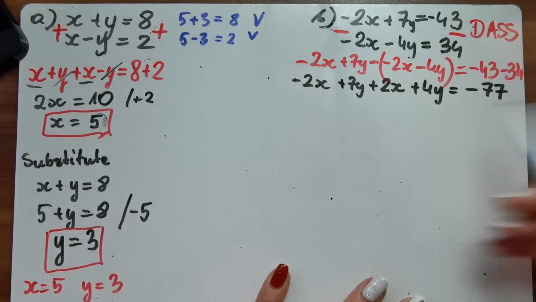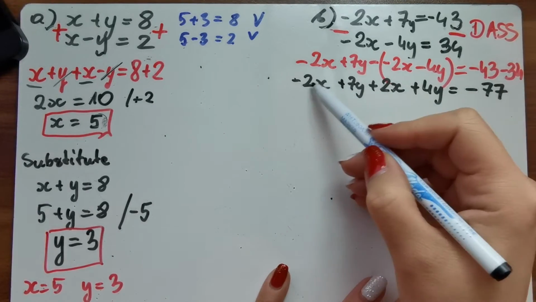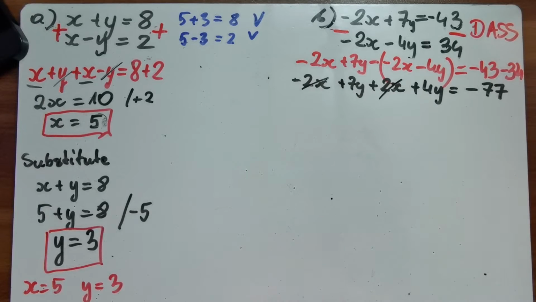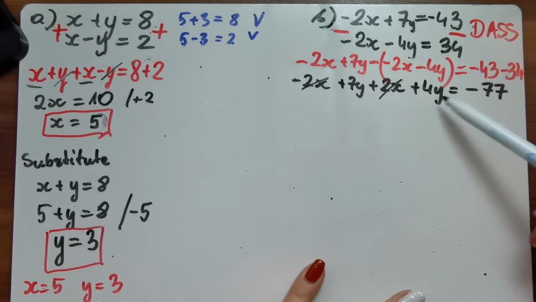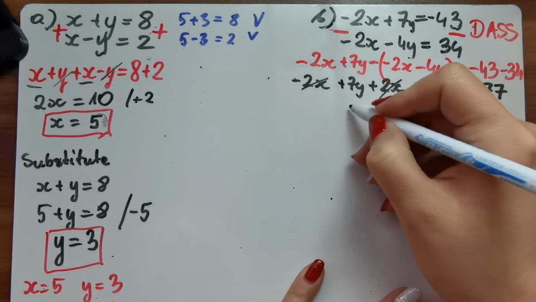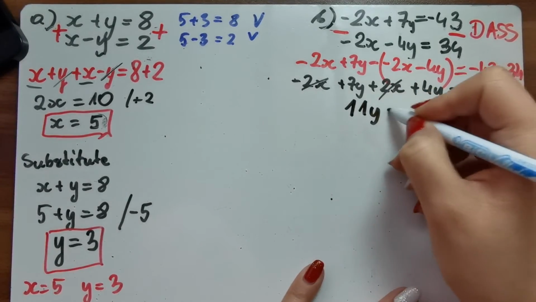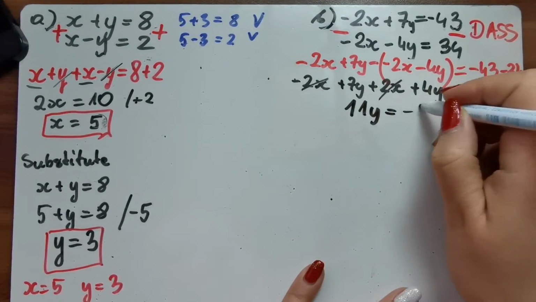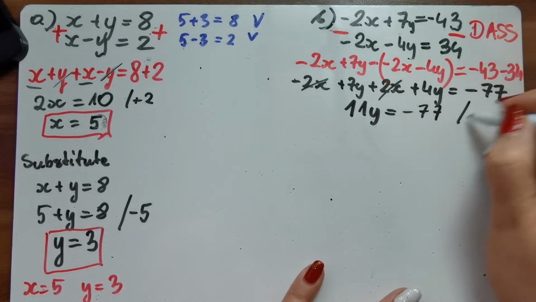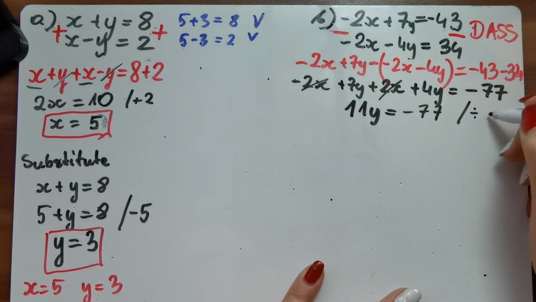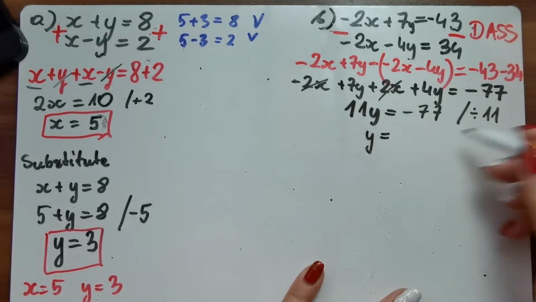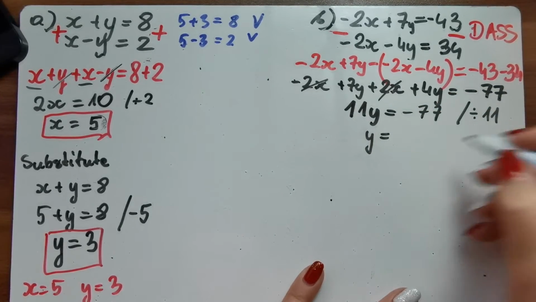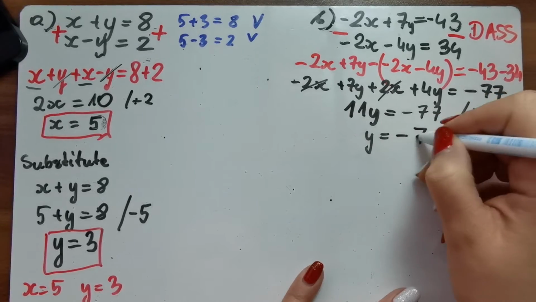Negative 2x and plus 2x we can cancel out, which is equal to 0. So 7y plus 4y is equal to 11y, and it must be equal to negative 77. When we divide both sides by 11, we get the answer y is equal to negative 7.